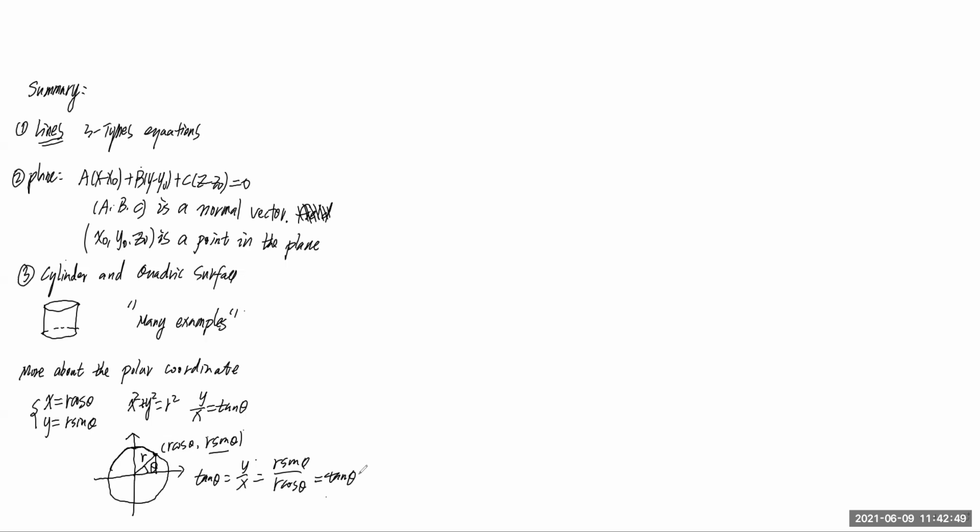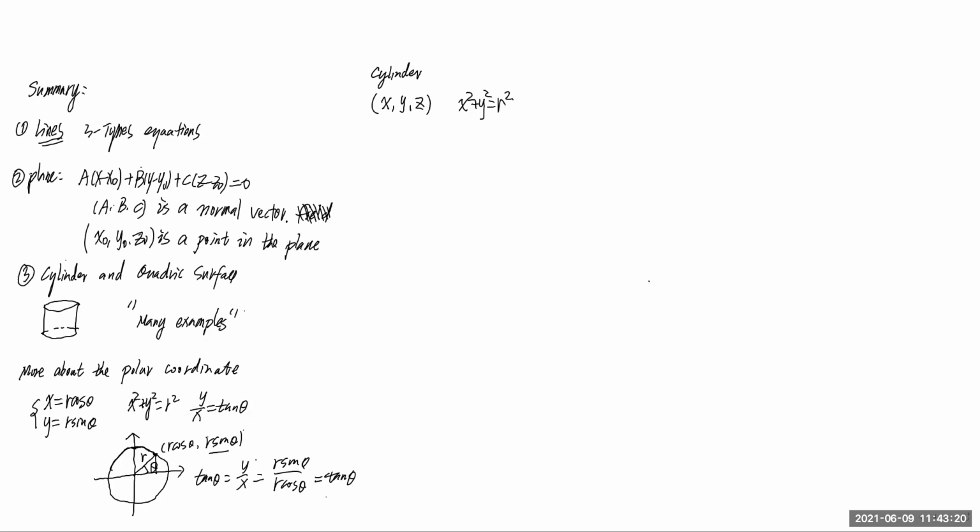Okay, and then let's tell you more about the cylinder. So for cylinder, we have x, y, z. For example, x squared plus y squared is r squared. This is the cylinder we are considering.